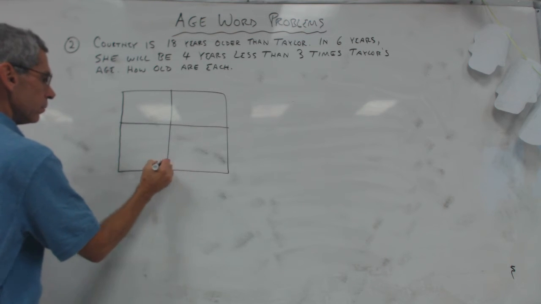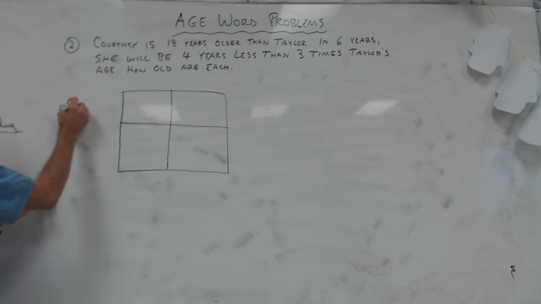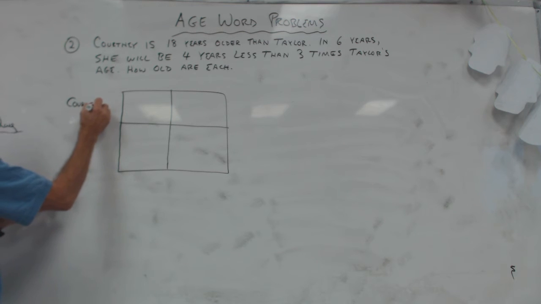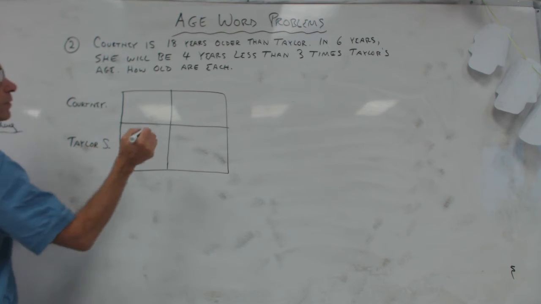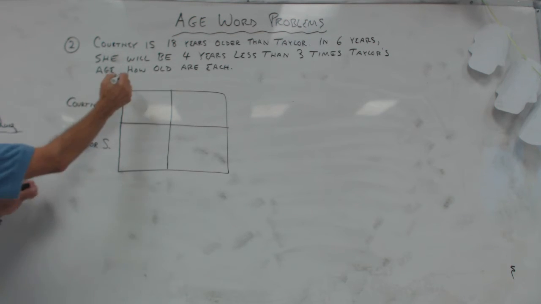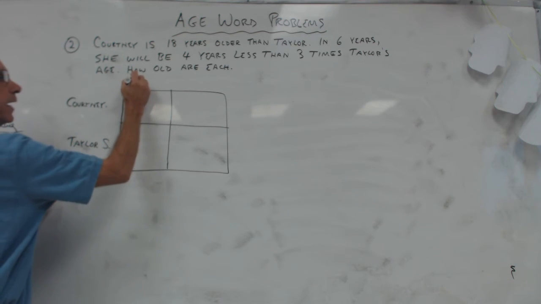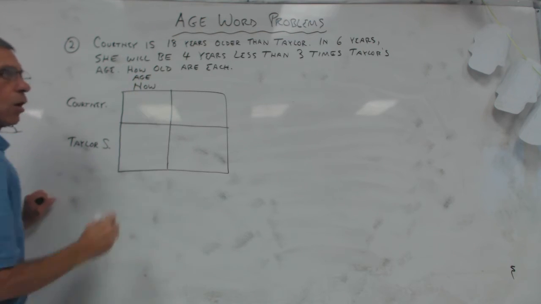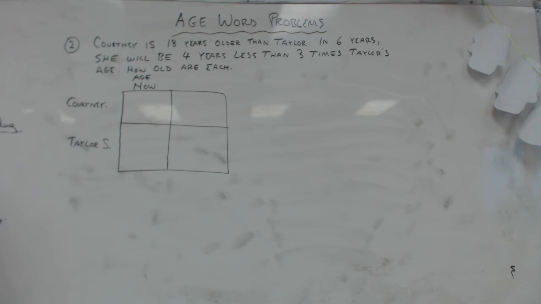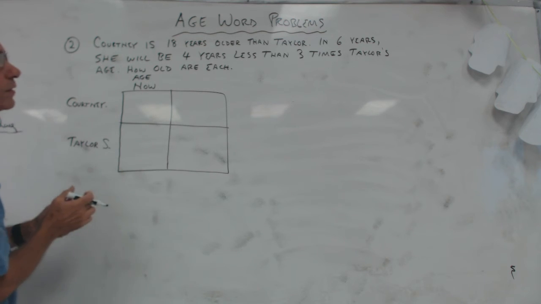My people are Courtney and Taylor Swift, Taylor S. And this first column is going to be age now. That's always going to be age now, that first column. There may be exceptions, but all the ones that I'm going to give you will have the first column age now.